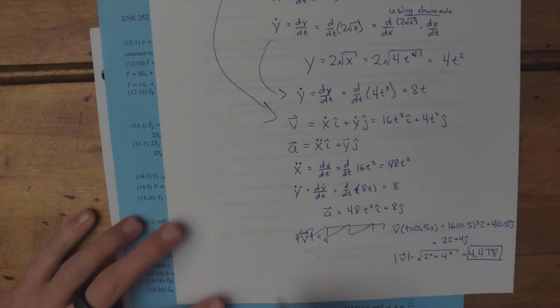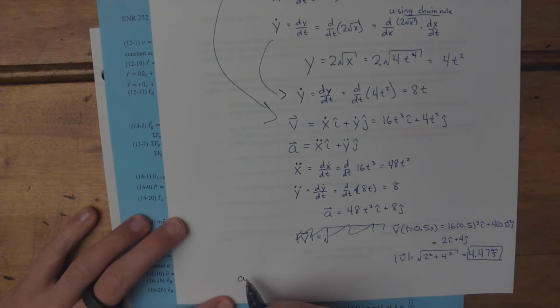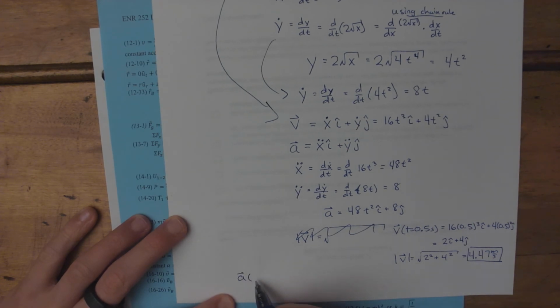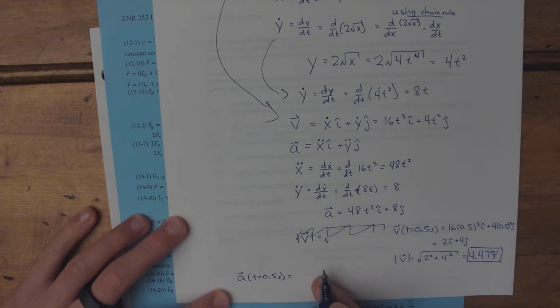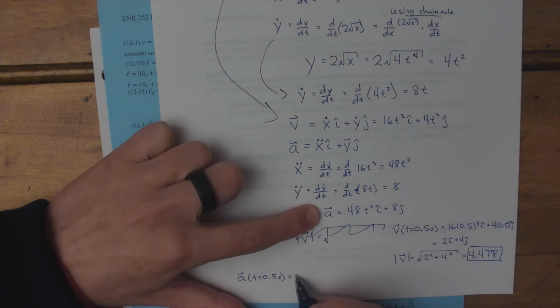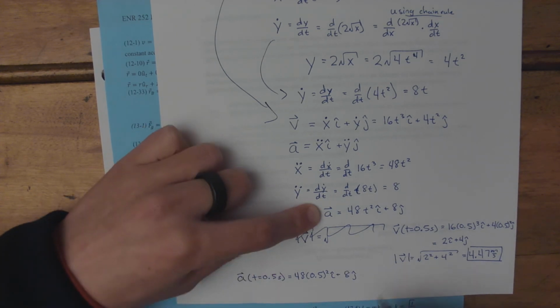For the acceleration, which I'm going to try and squeeze in on the bottom of the page here, the acceleration when time is equal to 0.5 seconds, here's my acceleration, so it's 48 times 0.5 squared in the i hat direction plus 8 in the j hat direction.